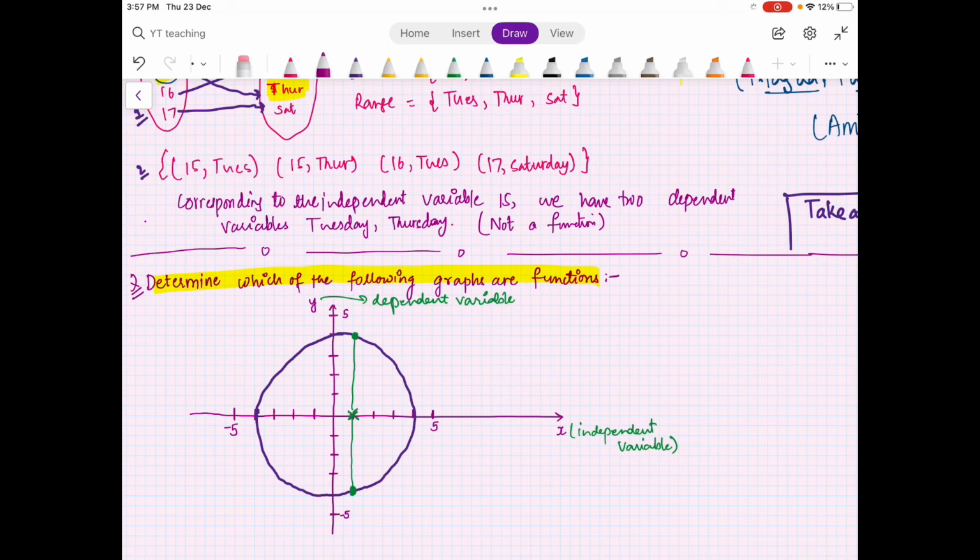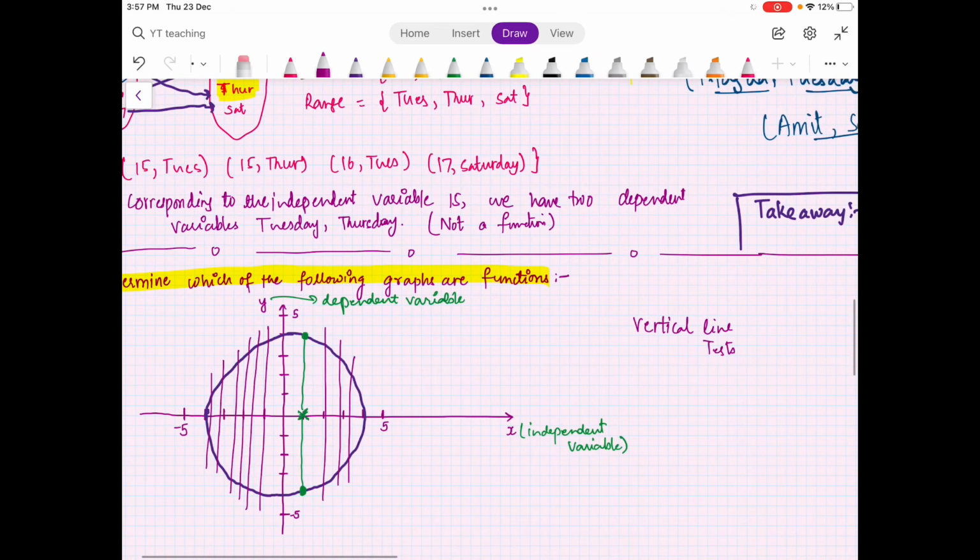So we have something called the vertical line test. Whenever we are given graphs, we have the vertical line test, where we say that if we draw a vertical line, and anywhere on the graph the vertical line cuts our graph at 2 points, and it is happening everywhere for this particular graph. Okay, so what is the vertical line test?